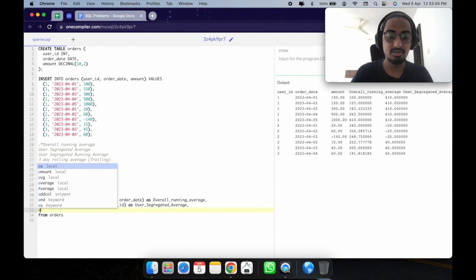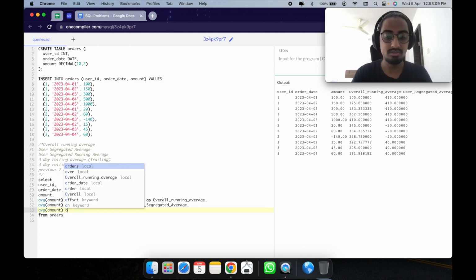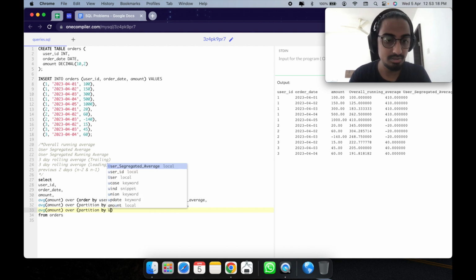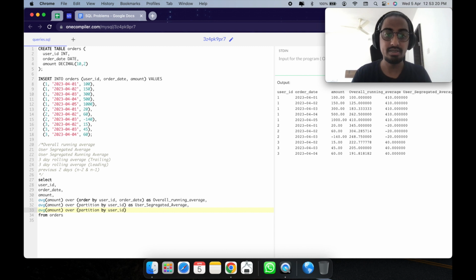I'll do the average of amount over partition by user ID order by user ID comma order date as user segregated running average.